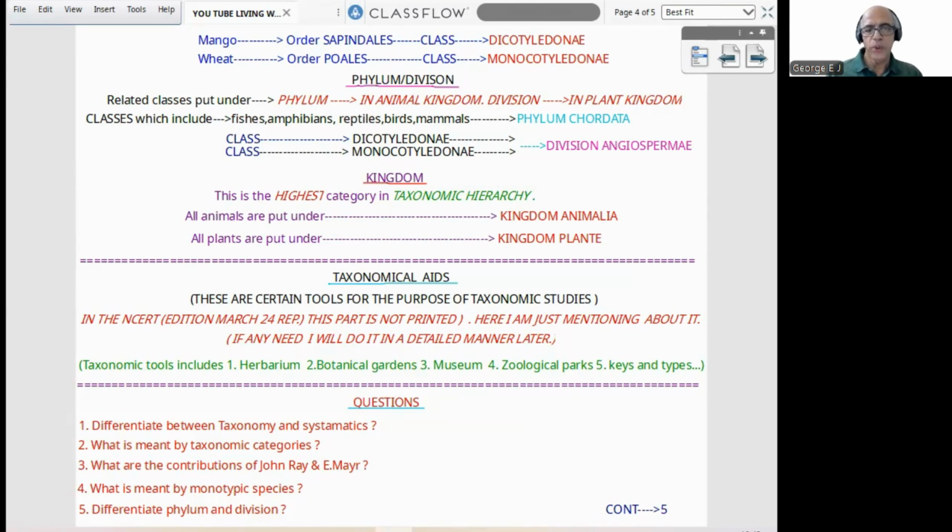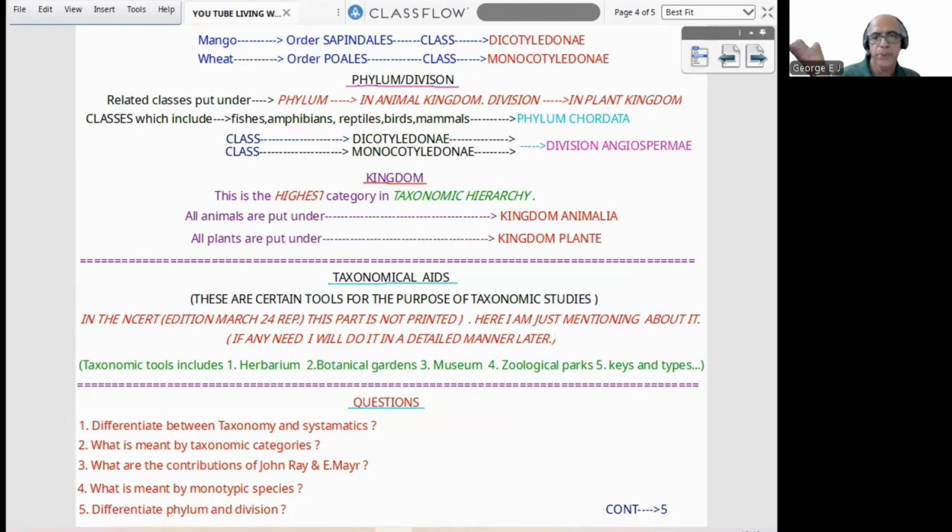The class which includes fishes, amphibians, reptiles, birds, mammals comes under phylum Chordata. While on the plant side, class dicot and class monocot, Dicotyledonae and Monocotyledonae, division is angiosperm. Now comes the last segment, kingdom. This is the highest category in the taxonomic hierarchy.